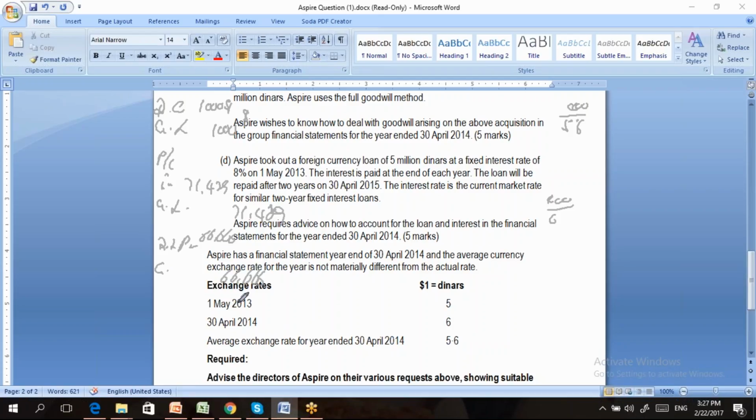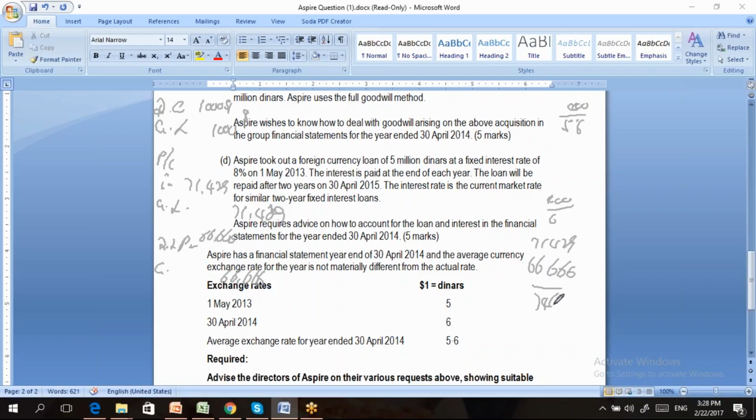Now we have an exchange gain arising because our interest payable liability was shown as 71,429, but we paid only 66,666. So 71,429 minus 66,666, how much is that?